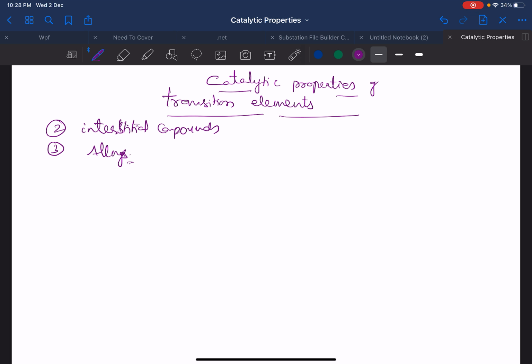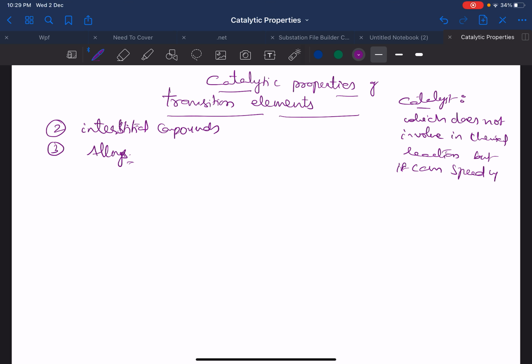First of all, what is a catalyst? We have already known that a catalyst is a chemical substance which does not get involved in the chemical reaction, but it can speed up the chemical reaction.